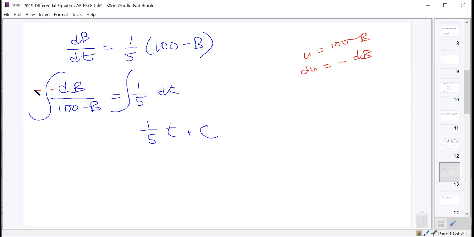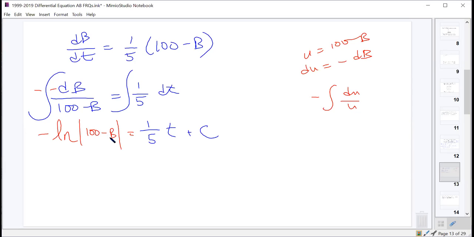Okay? So really now what we're looking at is negative integral du over u. And what's the integral of du over u? Natural log absolute value of u, and our u was 100 minus b.